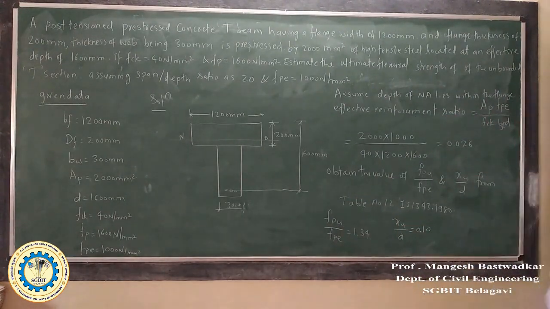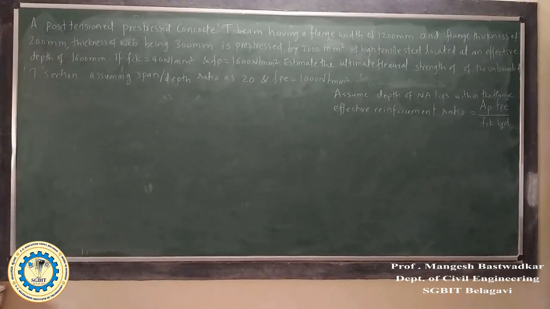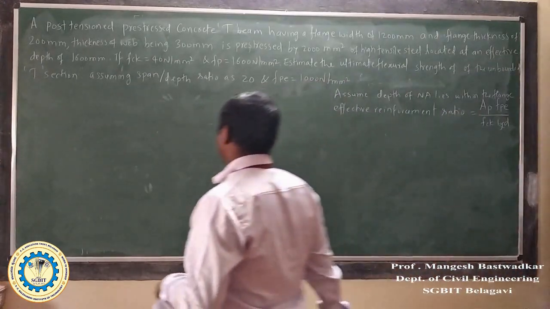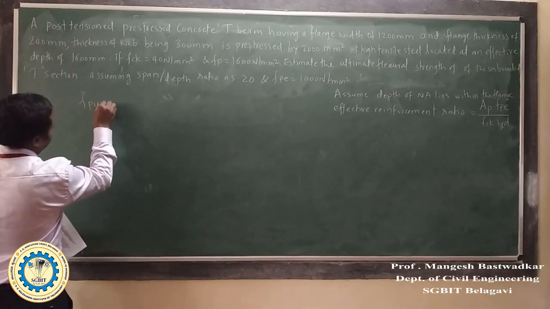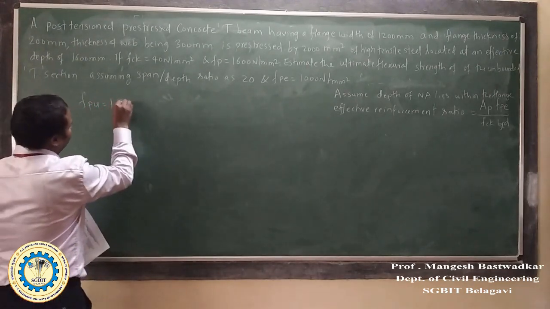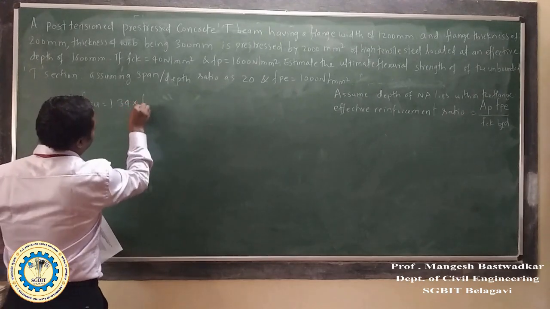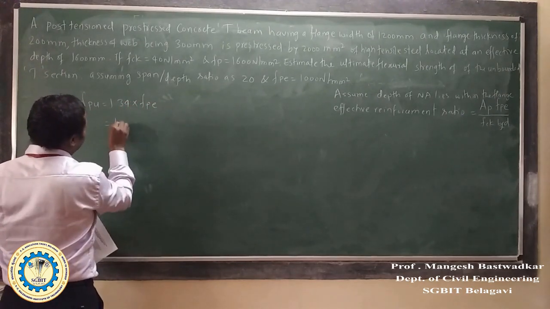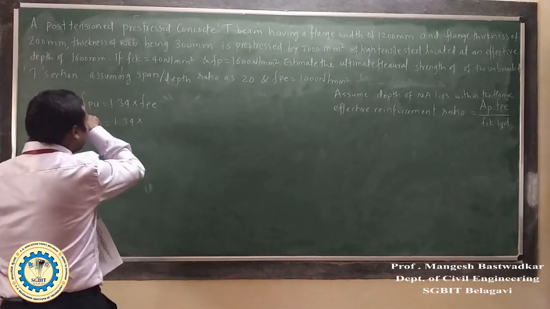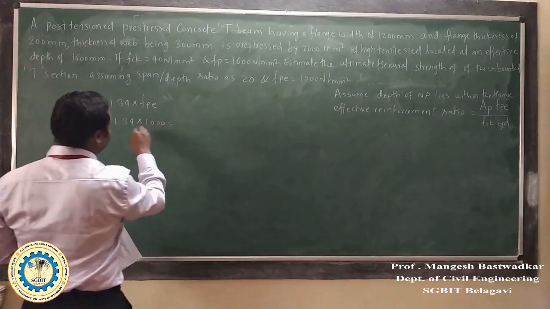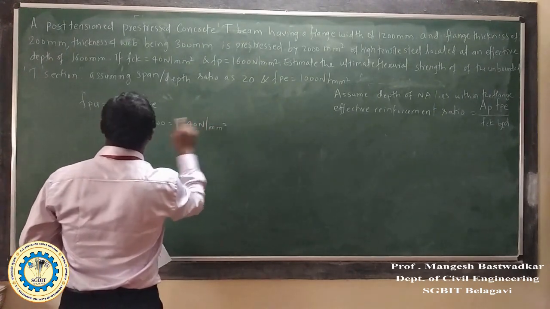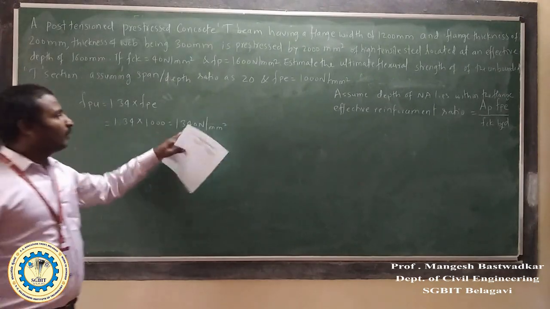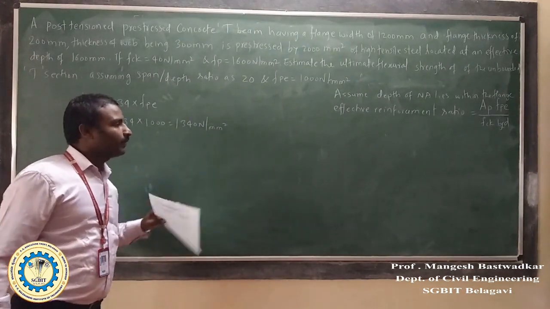So now we will calculate those values. We have got 1.34, so I will multiply by FP. So 1.34 into FP, 1000 Newton per mm square, becomes 1340 Newton per mm square.